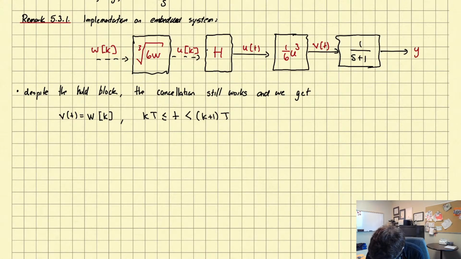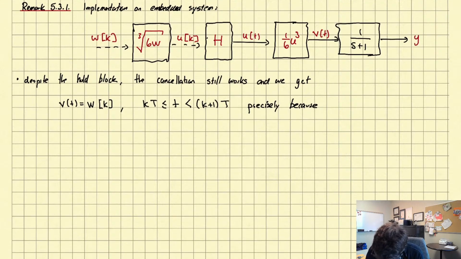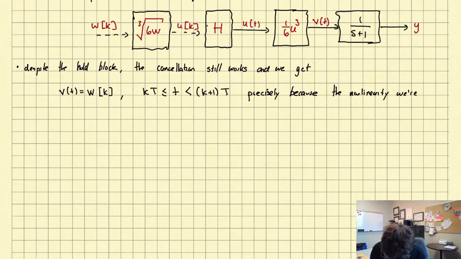So this is precisely because the nonlinearity that we're inverting is static. If it had been non-static, if it had some dynamics like that hysteresis, we'd have a problem.